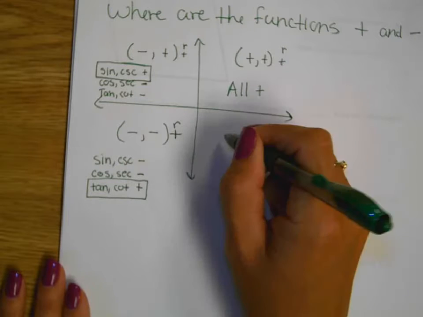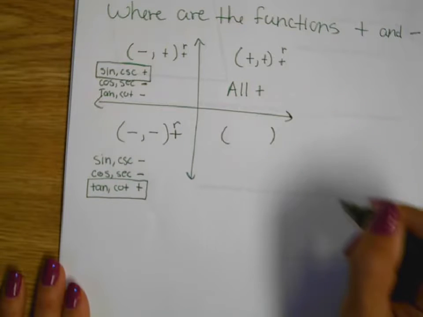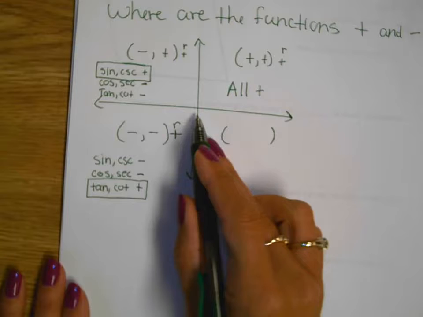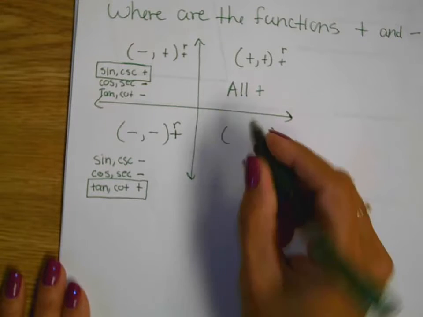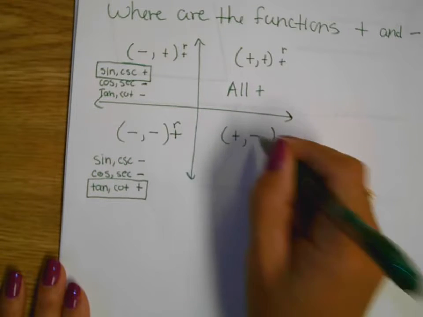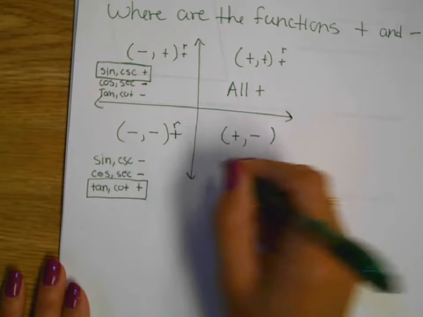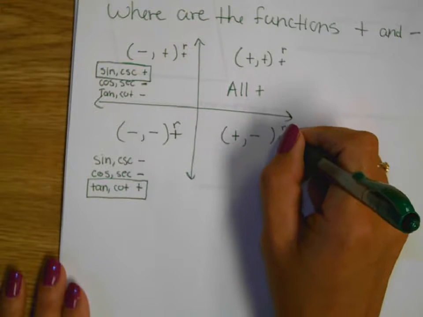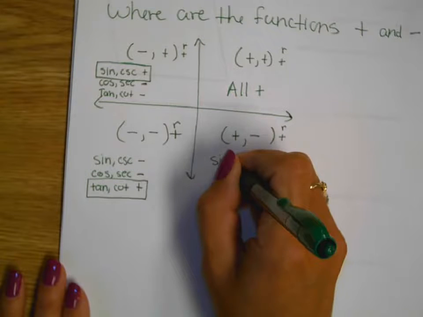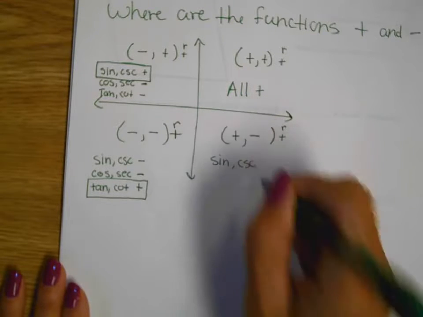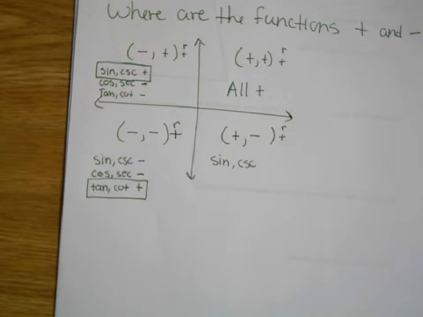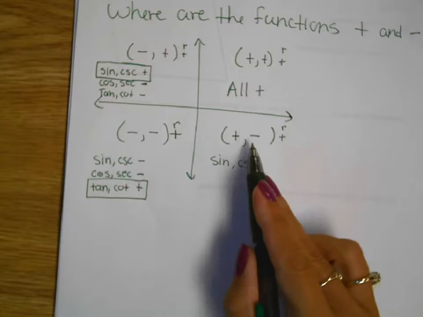And then our last quadrant, what are our ordered pairs here? Positive, negative. So to the right's positive, down's negative, and we'll run through them again. Oh, R is always positive. So we got sine and cosecant. Again, sine's attached to y.